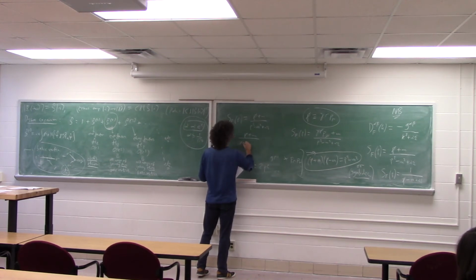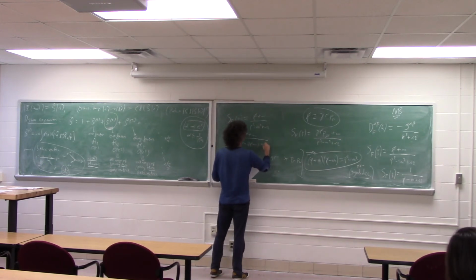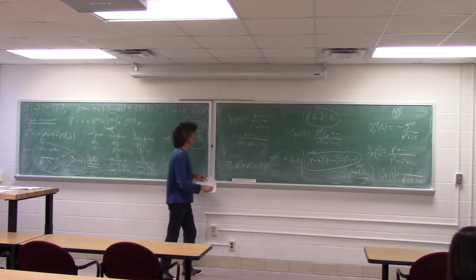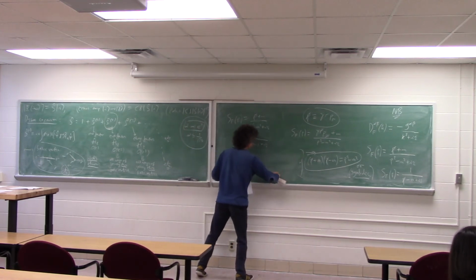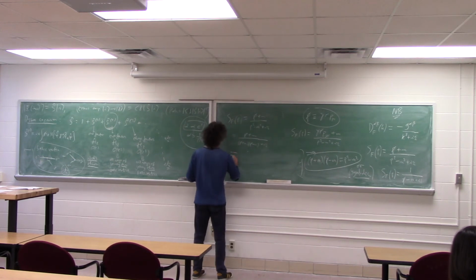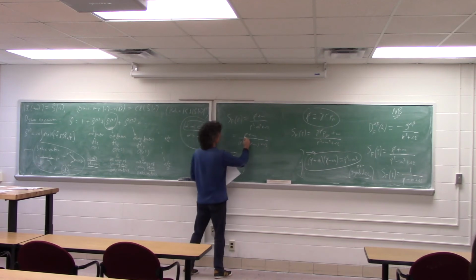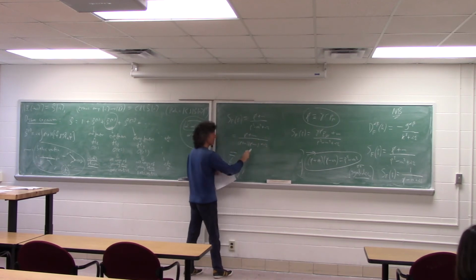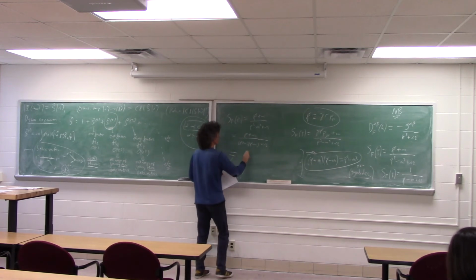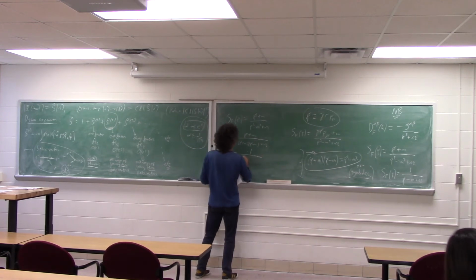p slash plus m times p slash minus m plus i epsilon. And then here's where the symbolic part comes in, this is just symbolic shorthand: you can think, well, let's cancel the p slash plus m and maybe redefine the epsilon, and I can just write this as 1 over p slash minus m plus i epsilon.